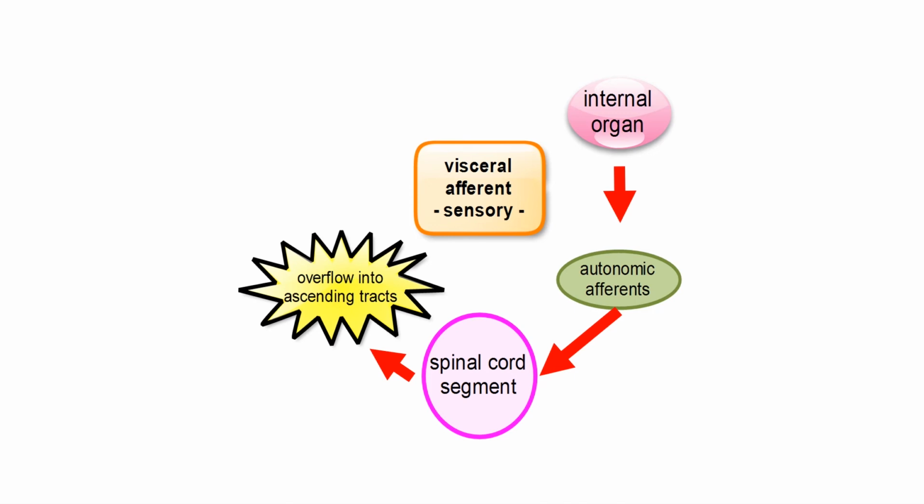If the firing rate is very high, it will spill over to the somatic part, and then the ascending tracts will pick these impulses, and they will reach the brain.